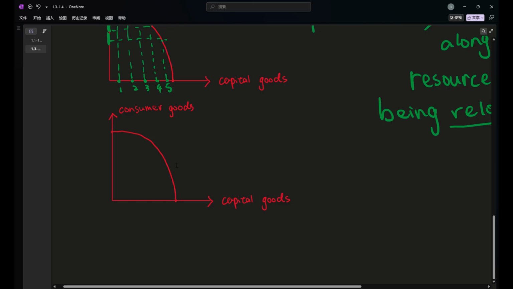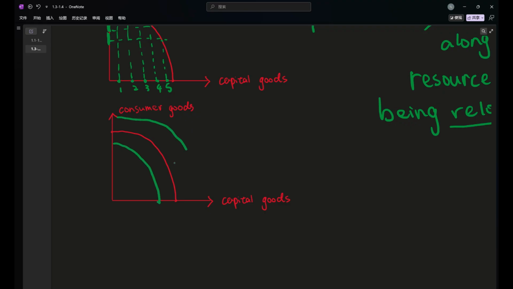So in history, the curve will mainly shift outwards. But during some problems, the curve might shift inwards. Okay, so the curve can shift inward or outward.